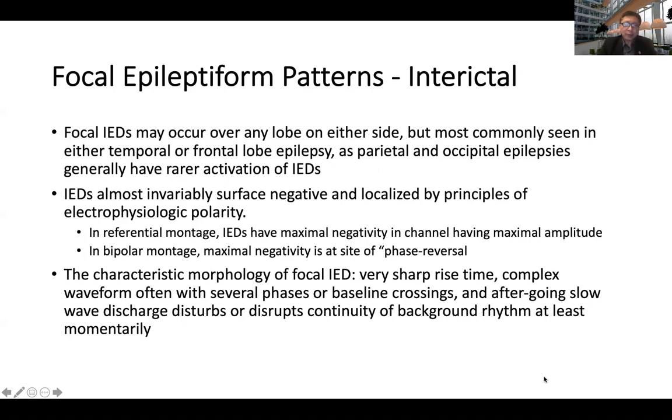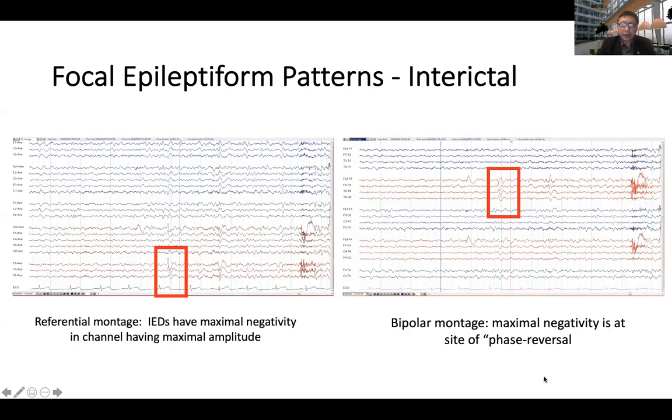The characteristic morphology of the focal IED is a very sharp, complex waveform, often with a polyphasic or baseline crossing, and an after-going slow wave discharge, disturbing or disrupting the continuity of the background rhythm momentarily. This is an example of the different montages.